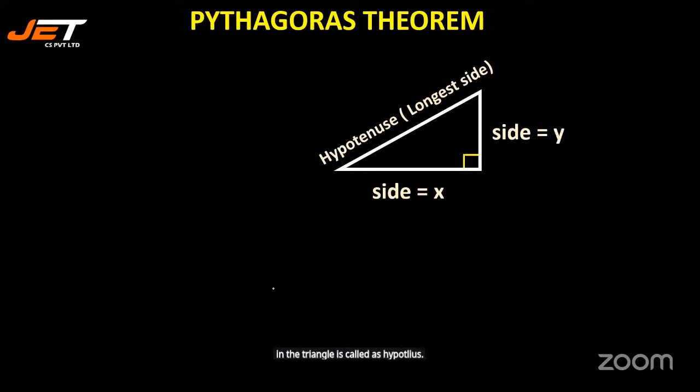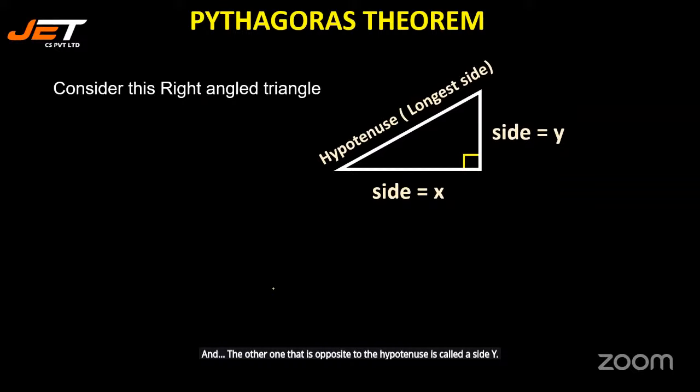All right, students, always remember, it's very, very important. The longest side in the triangle is called as a hypotenuse, right? And the base, that is side is equal to x. And the other one that is opposite to the hypotenuse is called as side y.